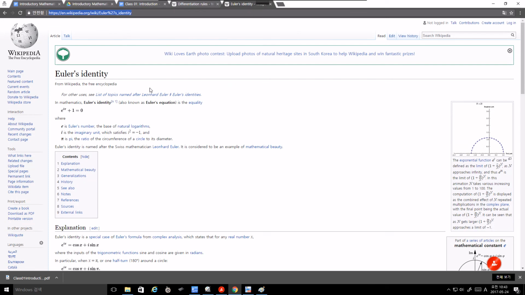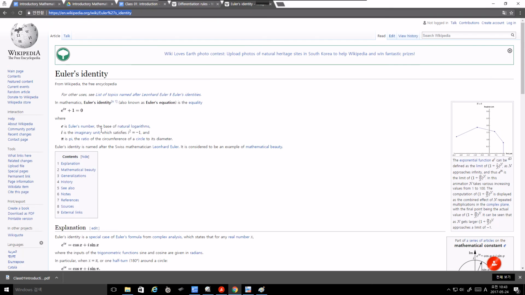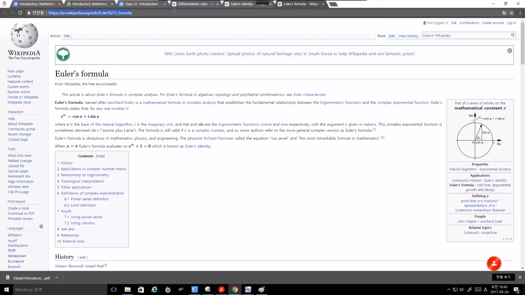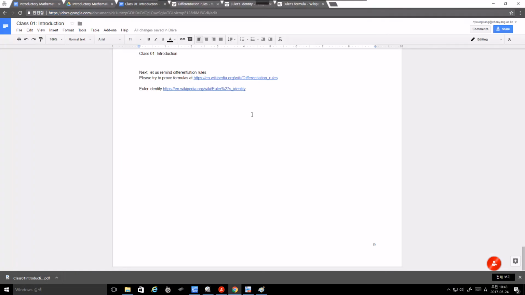Euler's identity is like this one: e^(i pi) plus 1 equals 0. This is a very interesting one. And actually, this Euler identity is a special case of Euler's formula. So let's copy and paste Euler's formula onto our class web page. Euler's formula. Okay.